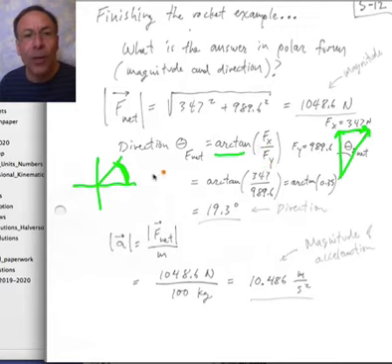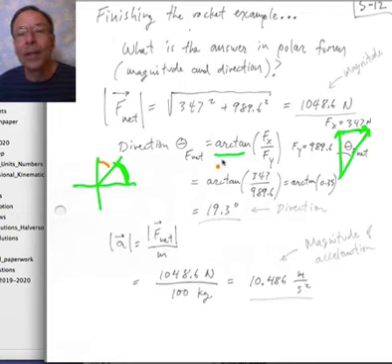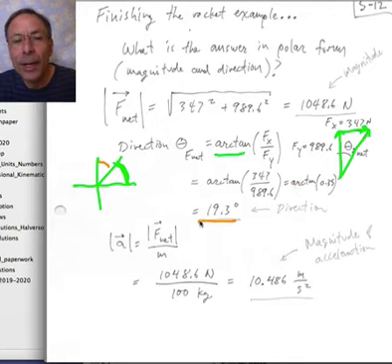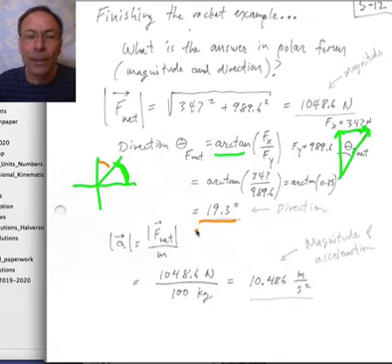But since we are using this angle, it's the other way. It's the arctangent of the x part over the y part. Anyhow, you go ahead and plug in the x part and the y part, and you put this into the calculator. Don't forget to be in degrees mode, not radians, and you get your answer. Voila.